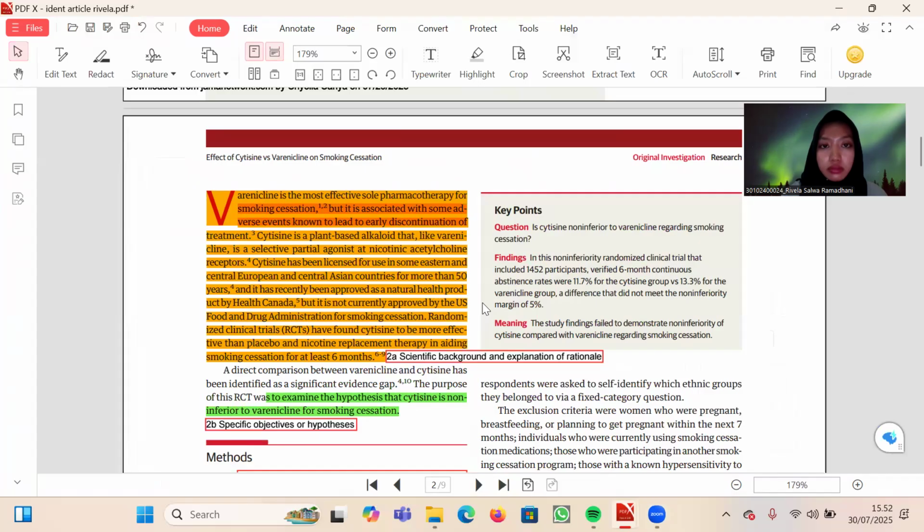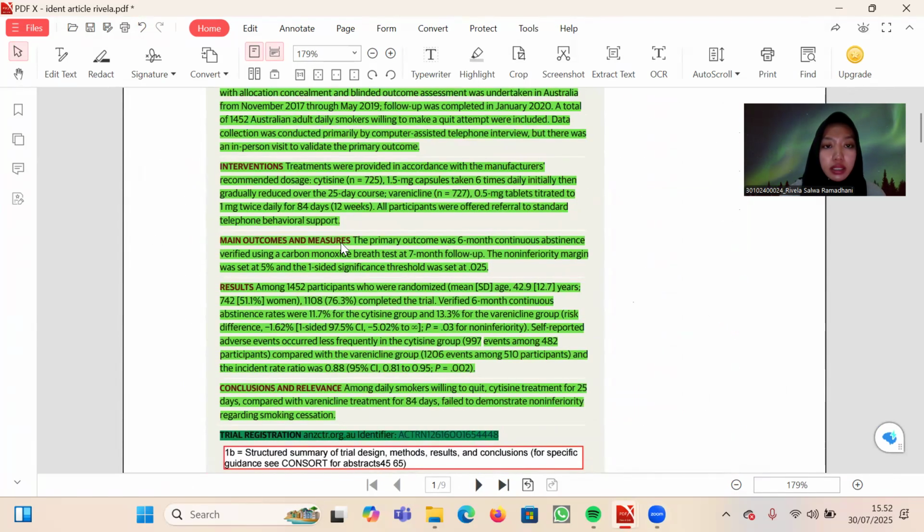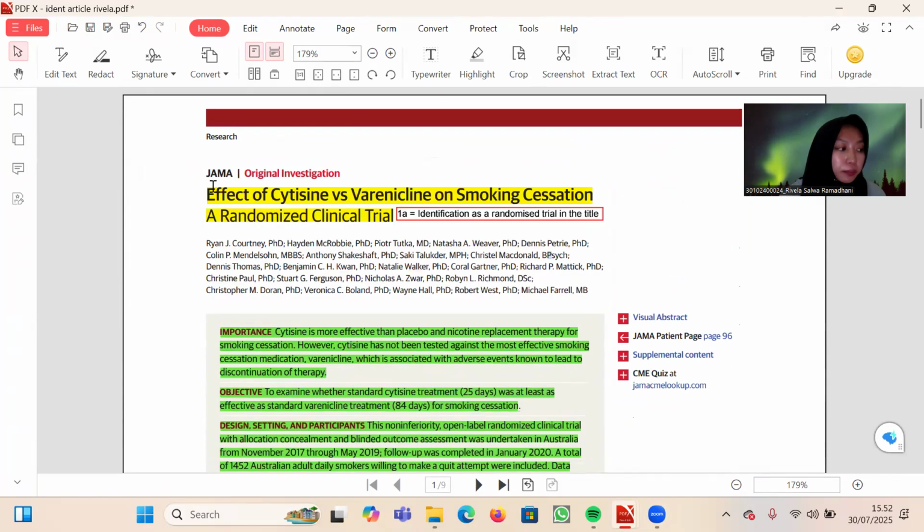Title and abstract. This item checks whether the title clearly states that the study is a randomized trial.